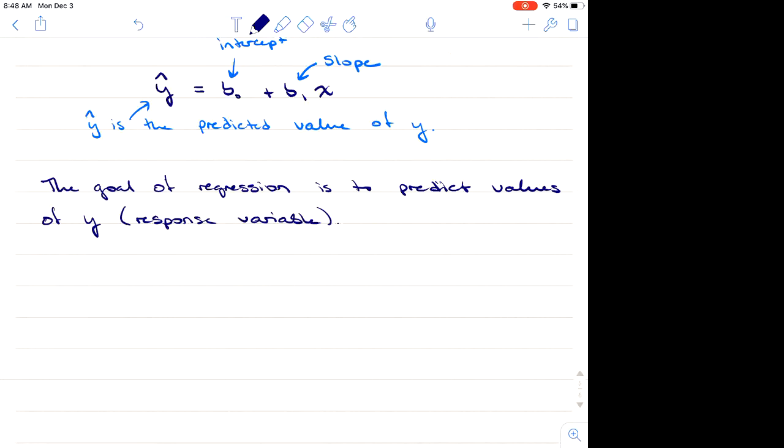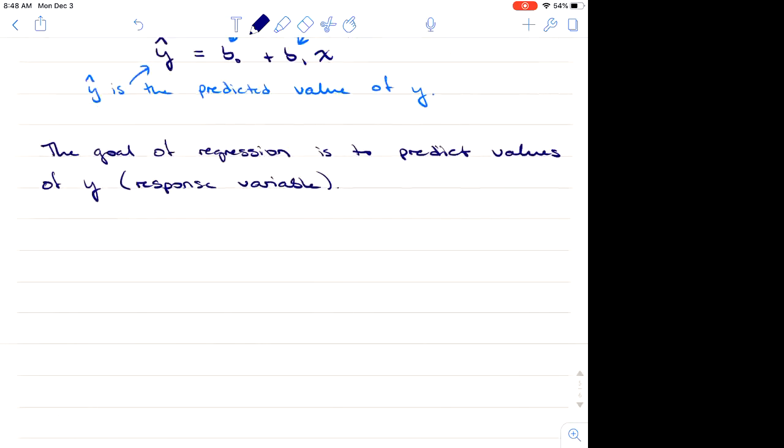you'd want to build this model and say, okay, if I know how to measure this cheap thing, then I can use that to predict the more expensive thing to measure. And so predictions, that's what it's all about.